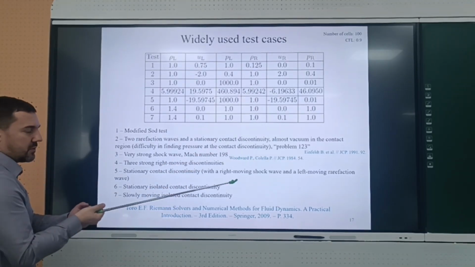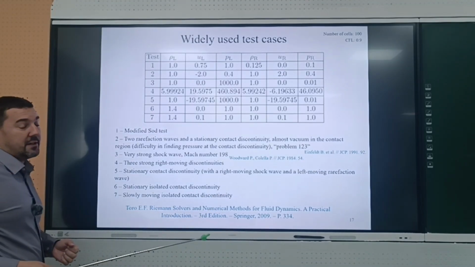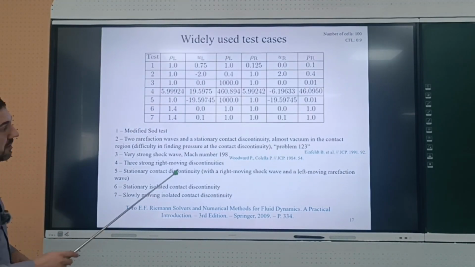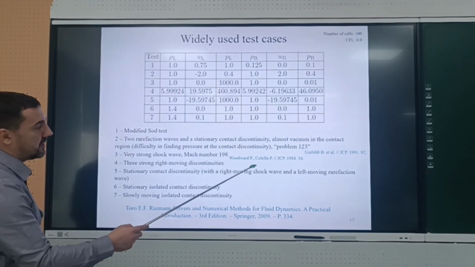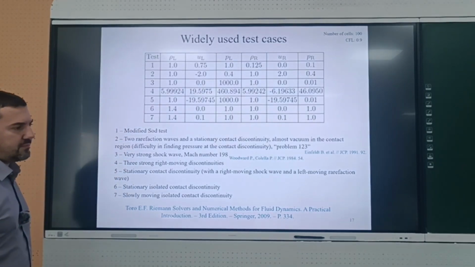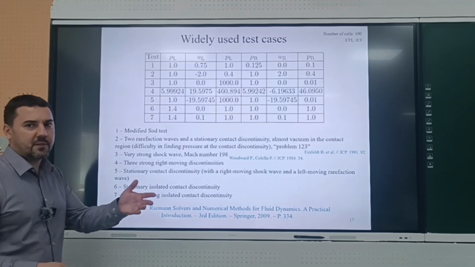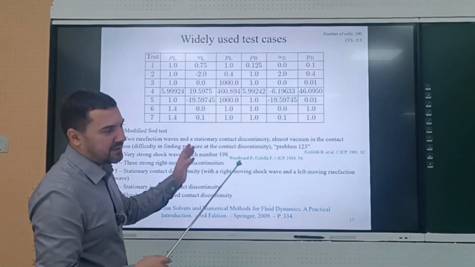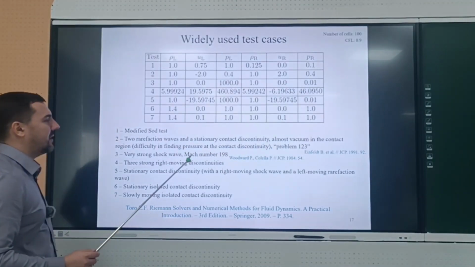It means that we try to expand our gas, and in the center we will get a strong expansion. This problem is called problem 1, 2, 3, because it was introduced in this paper by Einfeldt, and he just chose the velocity, density, and pressure like 1, 2, 3. So just the specific values of parameters, and it's known as problem 1, 2, 3 nowadays.